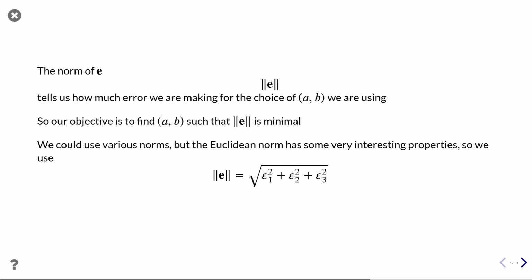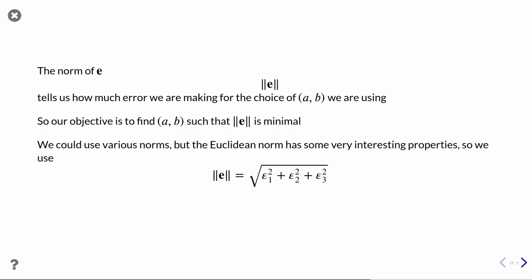We didn't go into details, and this is something you probably haven't seen very much, but in your future life you will probably encounter a variety of norms. You know the Euclidean norm because that's the one we use all the time in early algebra or various mathematical topics, but there are other norms. For example, we could have a norm that takes the sum of the absolute values of the epsilon i's.